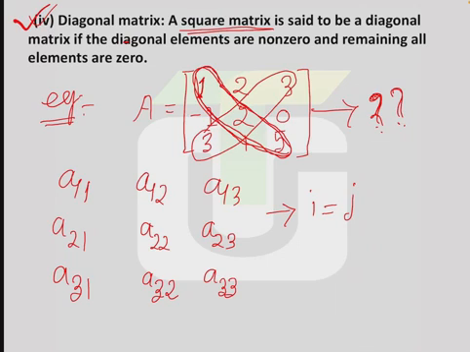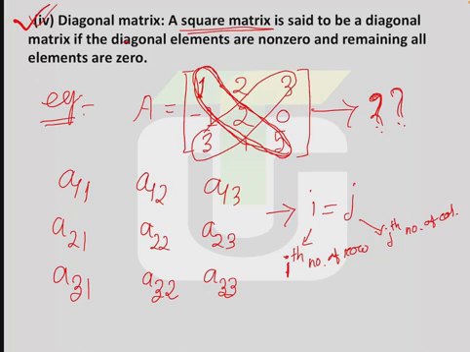I means the ith number of row, okay? And j means the jth number of column.